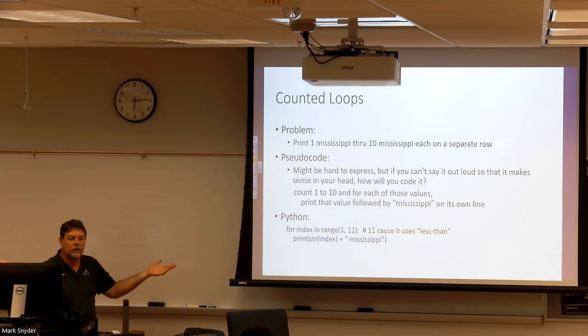And there's historical reasons for that, but at this point, you just have to remember that that's how it works. You have to use as your stop value one more than where you want to actually stop. So since we want to go from 1 to 10, we have to say 11. That's just how it works. And then we have a simple print statement, the index plus Mississippi. Easy cheesy.